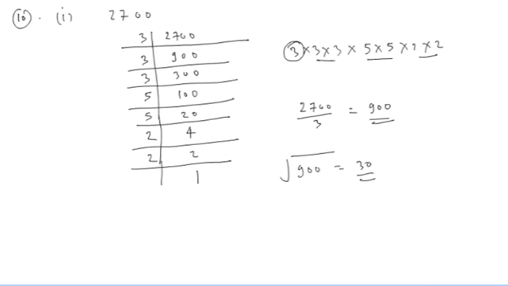And now question number 11. Find the smallest square number which is completely divisible by 10, 16 and 24.